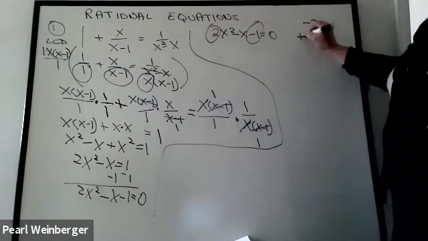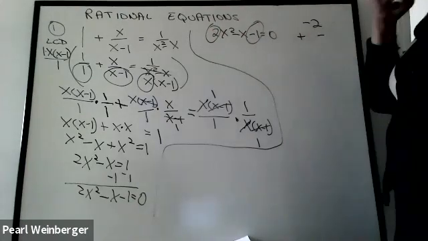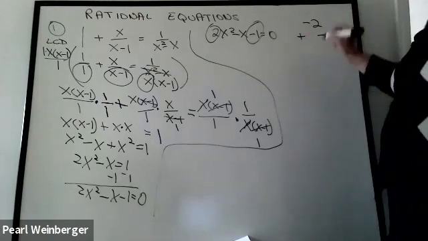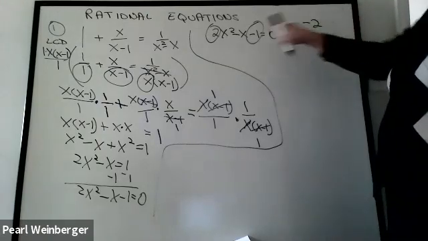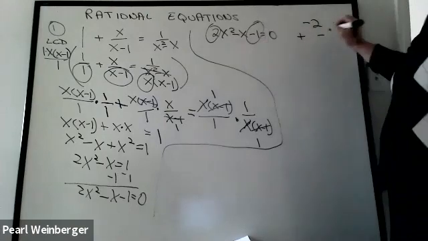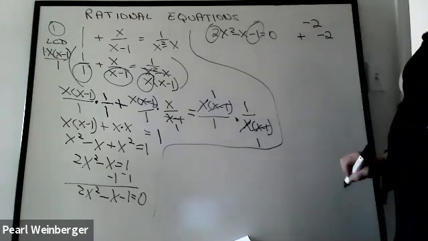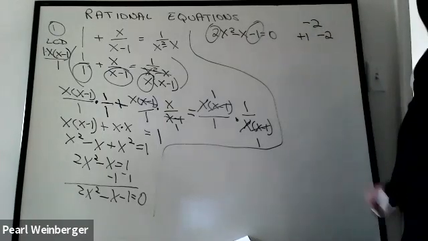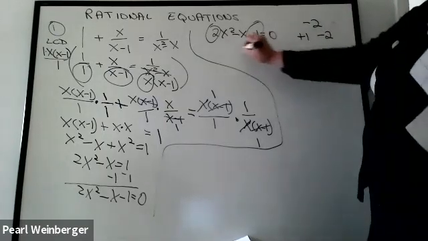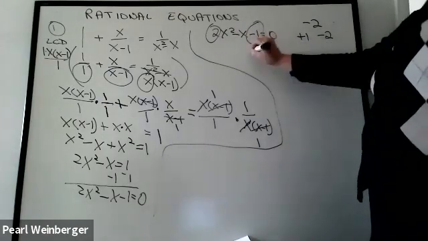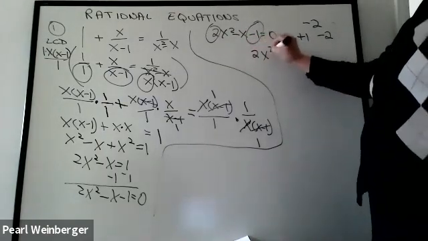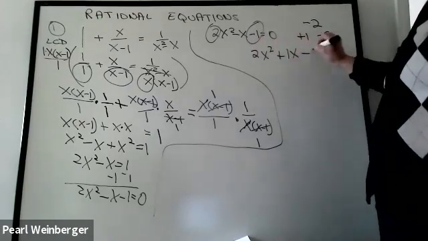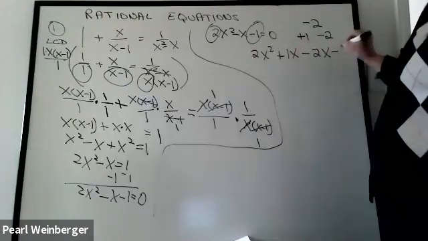Obviously, one's going to be positive and one's going to be negative because it's a negative 2. And they have to multiply to 2. It could only be 2 and 1. And since that middle term is negative, it has to be the larger number being the negative and the smaller number being the positive. Then I rewrite this trinomial as 2x squared plus 1x minus 2x minus 1.